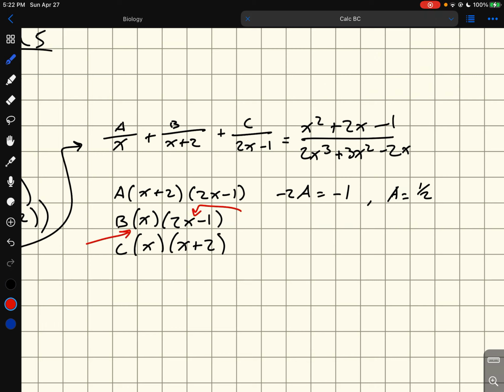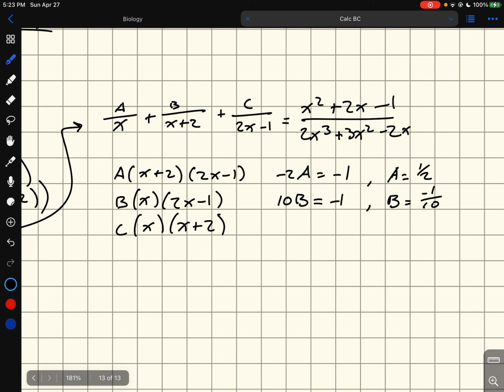So I get -2 times -5, which is 10. So I get 10B. And then I plug in a -2 here, that's 4. Plug in a -2 here, that's -4. And then I have a -1. So 4 minus 4 minus 1 is -1. So our B equals -1/10.